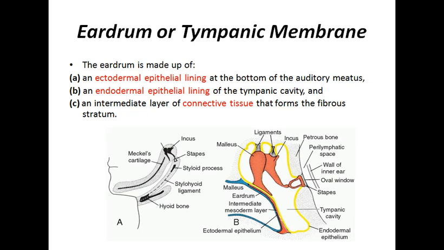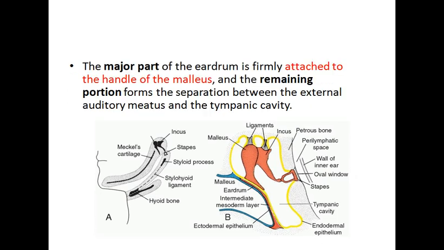And in between these two, we have already discussed, there is connective tissue, right. So the major part of the eardrum is attached to the handle of the malleus. This is the handle of malleus, okay. And the rest is actually forming the separation which is separating the outer ear from the middle ear, right.